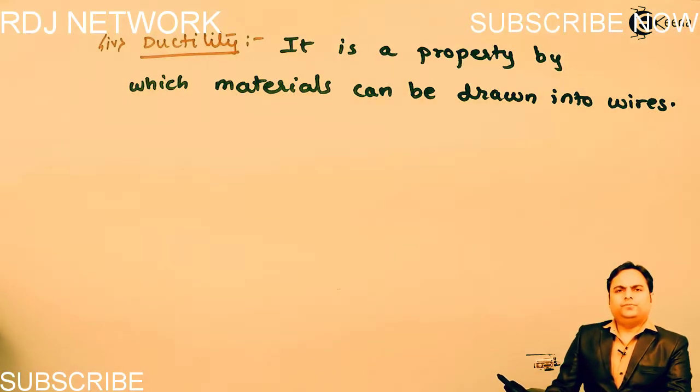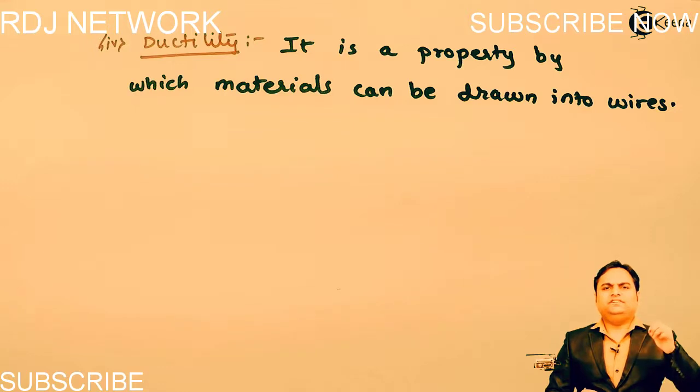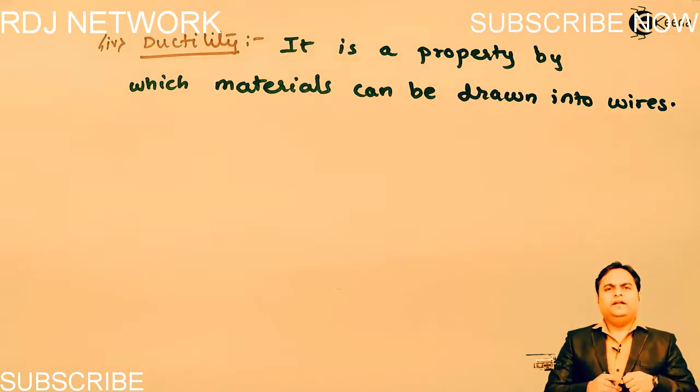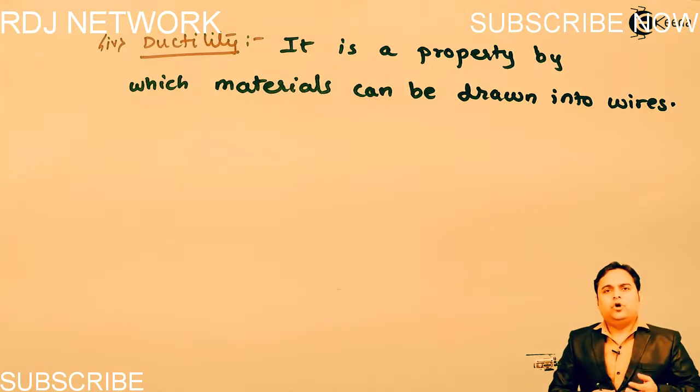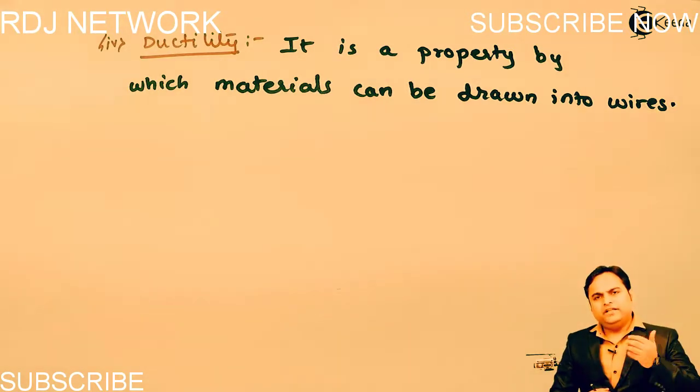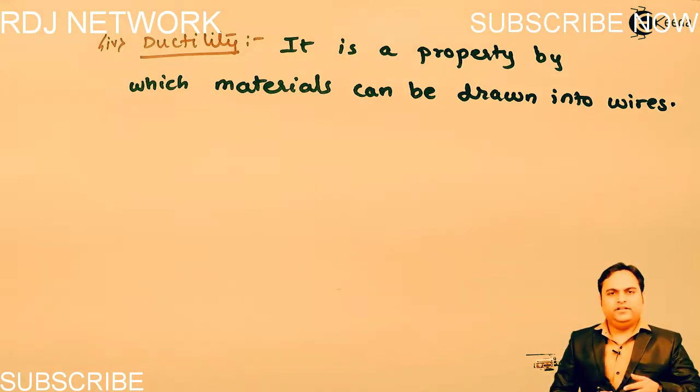A very important property: if a material has ductility, it means it can be drawn into wires. Now whatever wires we are seeing, like in electrical connections, the material with the help of which they are made is called a ductile material.